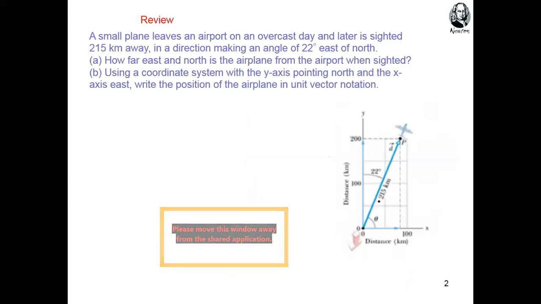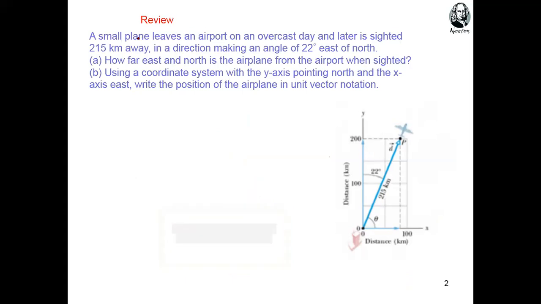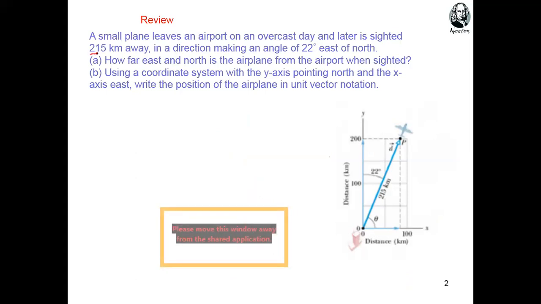Review example. A small plane leaves an airport, and later it's sighted 215 kilometers away in a direction making an angle of 22 degrees east of north.